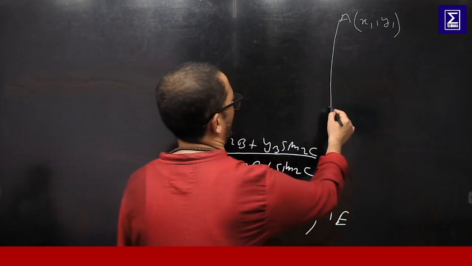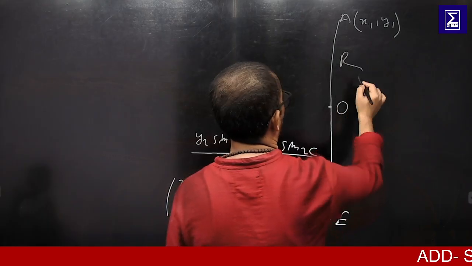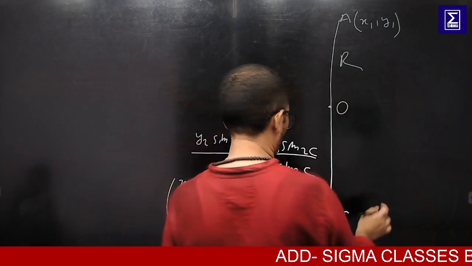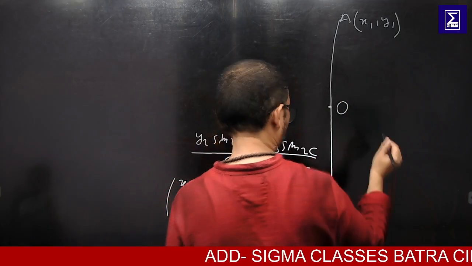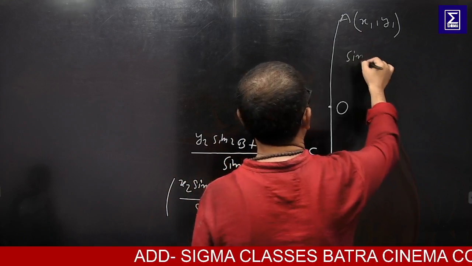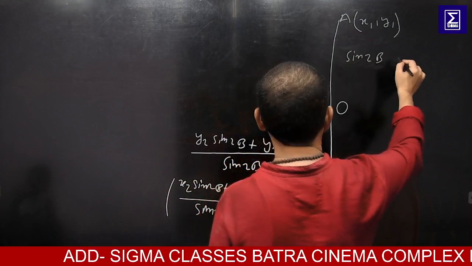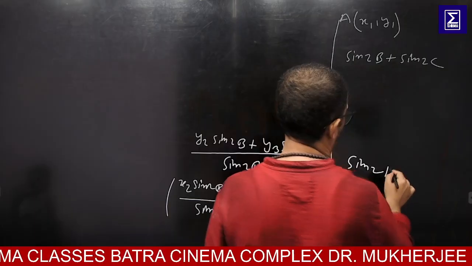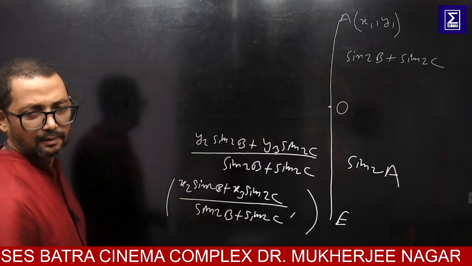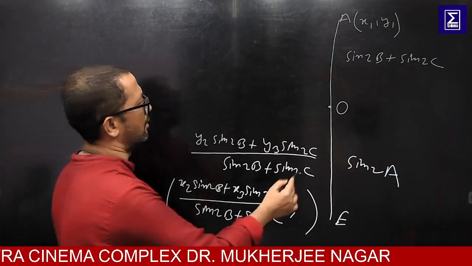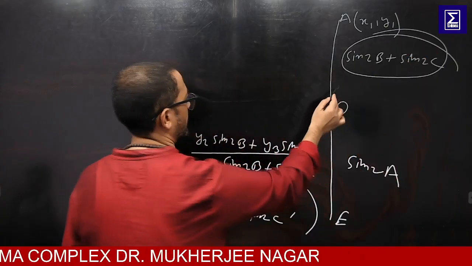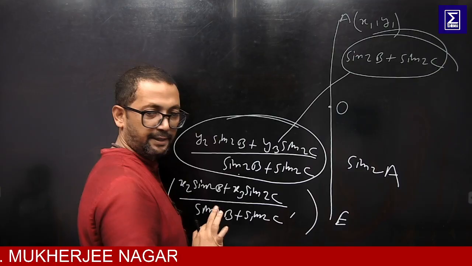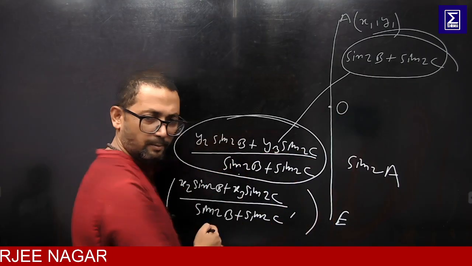And this is the coordinate O, this is R, and this relation we got was sin 2B plus sin 2C, and this is sin 2A, this upon this. So if you multiply this one with this, what will you get? Tell me. This sin 2B and sin 2C will get cancelled. This is the numerator, this is the denominator.